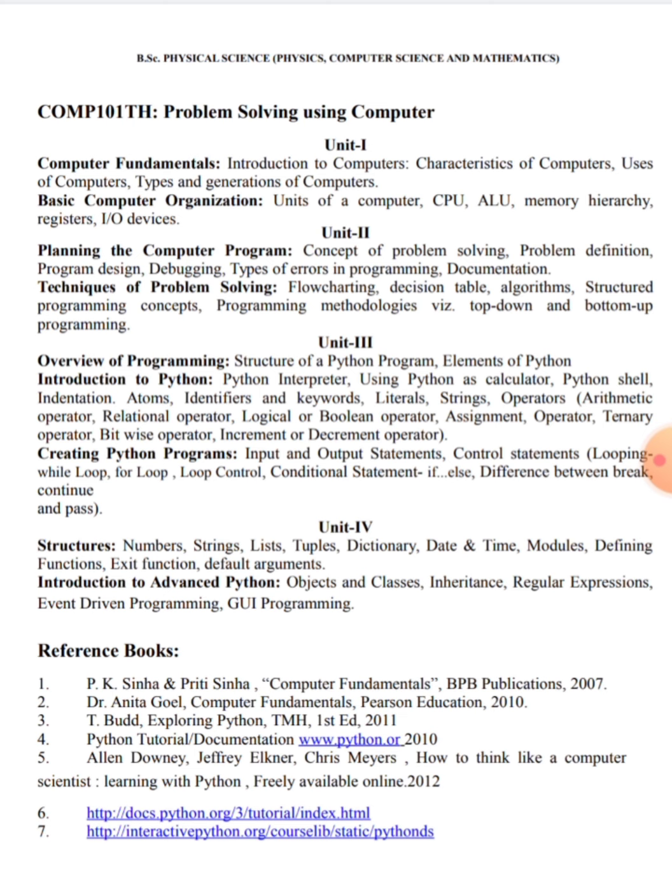Now coming to unit second, again from fundamentals of computers. In this unit we will basically deal with the software part.